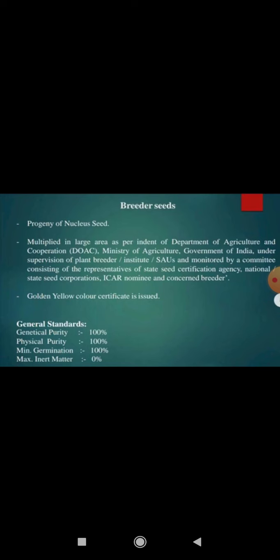So there is no need of certification, but there is a tag color, as I said earlier, like yellow, golden yellow. Maximum questions can be asked on its color, also about its size, which is 12 centimeters long and 6 centimeters wide.